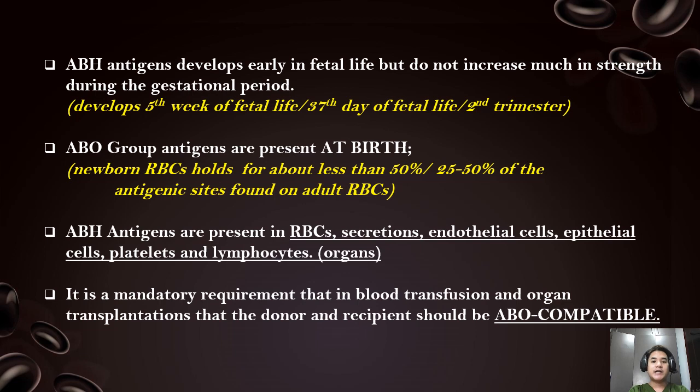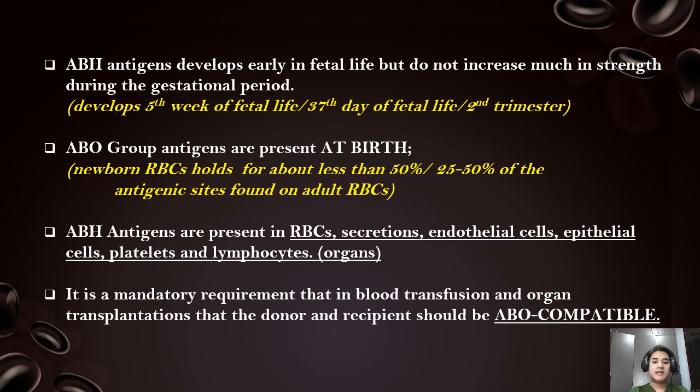Your ABH antigens develop early in fetal life, but they actually increase very slowly in concentration during the gestational period or during the stages of pregnancy. Okay, class, I need you to listen carefully to these pointers because these are some of the most favorite questions during the board exams.